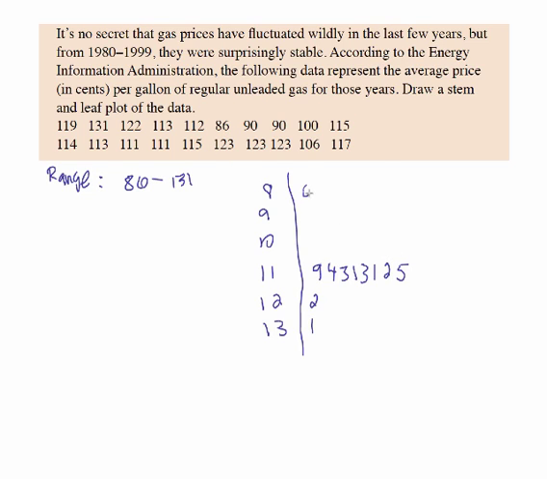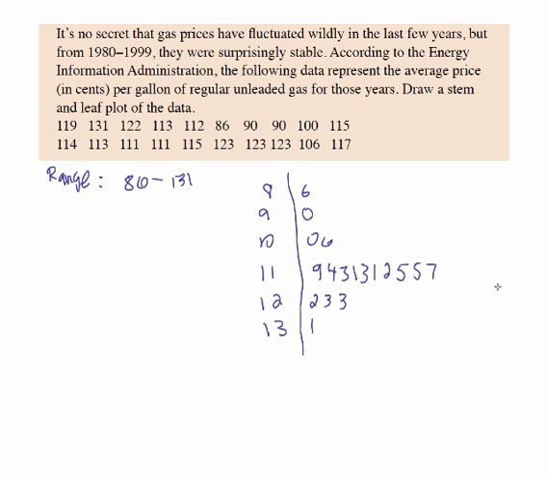For 86, the second digit of 6 goes along with the first of 8, and 123 comes down here with a 3 leaf for the stem of 12. Next, 90 and 123. Next column is 100 and 106. Finally, 115 and 117.